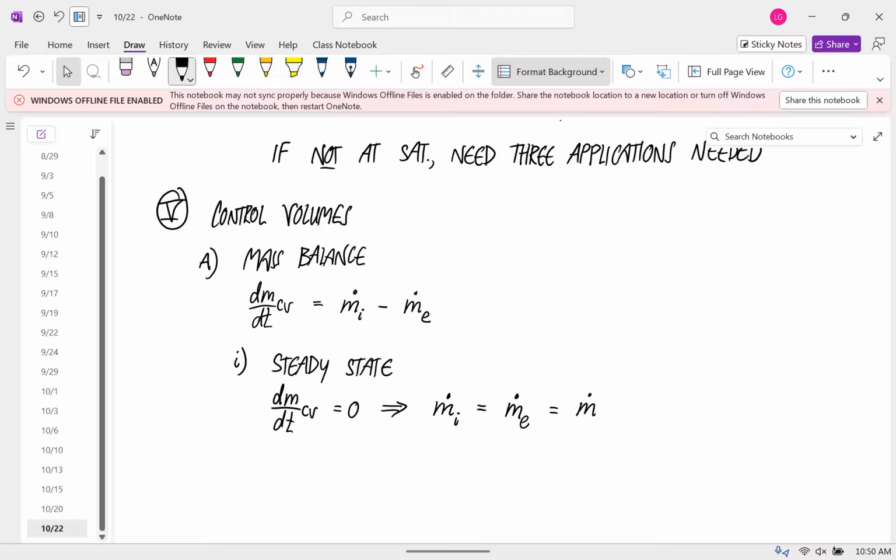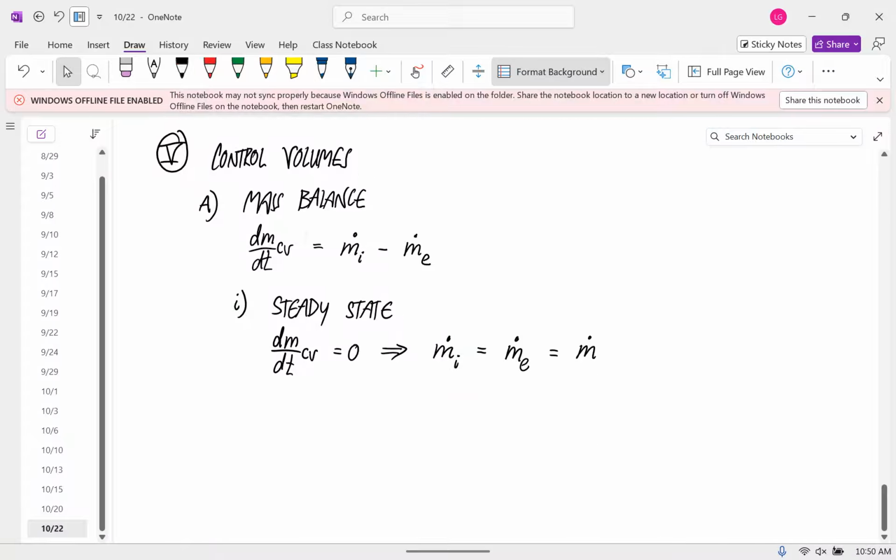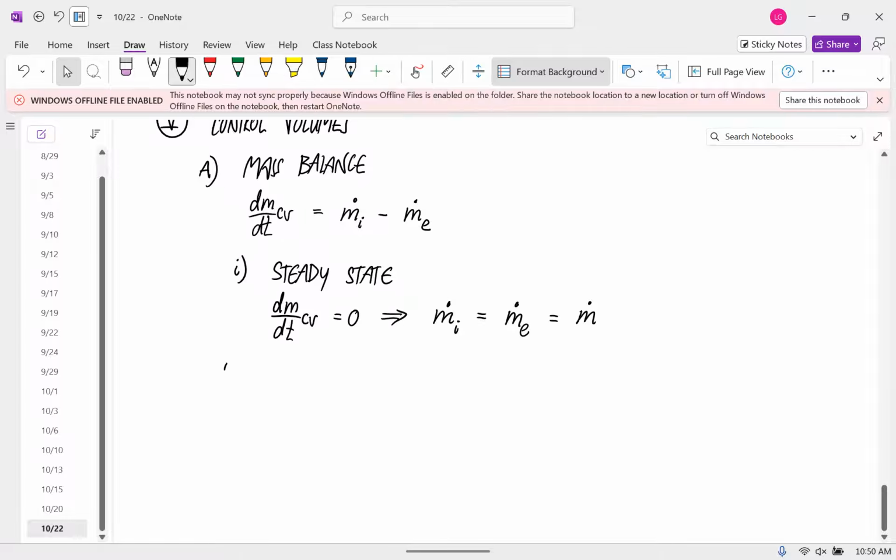So the mass balance there is part of that steady state assumption when we go to the first law. And then the second thing that's useful is that m dot at the inlet or the exit is equal to the area times the speed divided by the specific volume. It gets a little confusing with so many V's, but this is the speed.